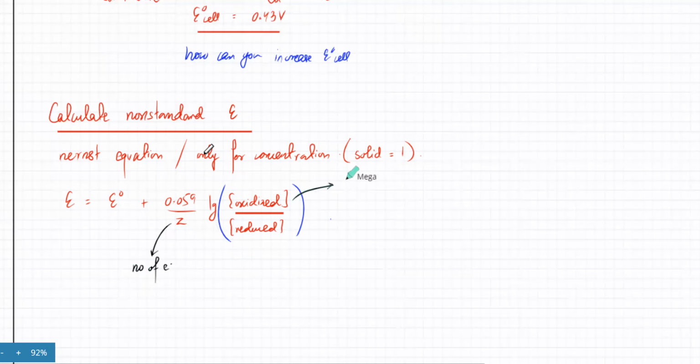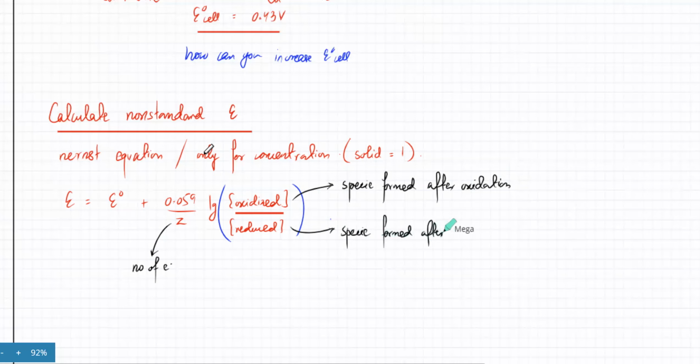Oxidized is the species that is formed after oxidation. Reduced is the species formed after reduction.